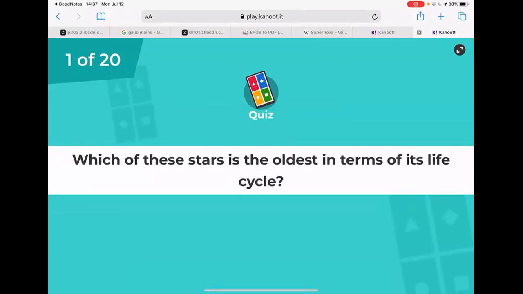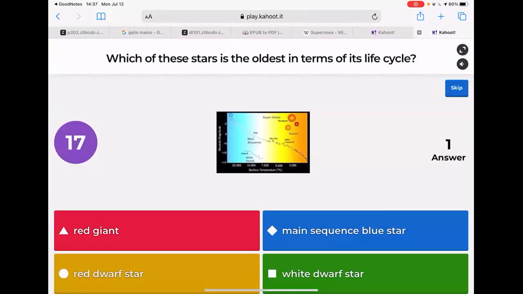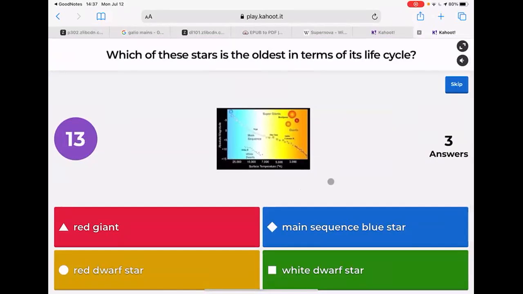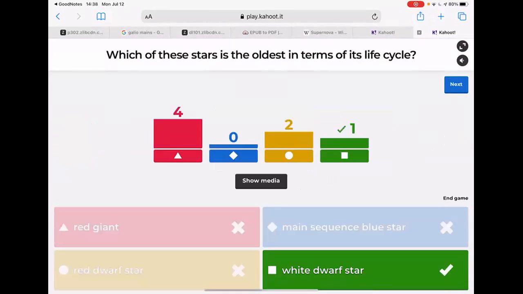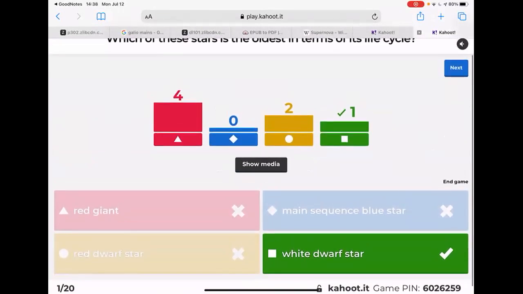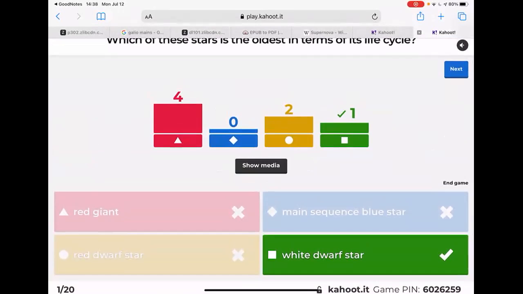Which of these stars is the oldest in terms of its lifestyle? You don't worry about the picture. Right, so remember, red giants are what we spent the most time on today.